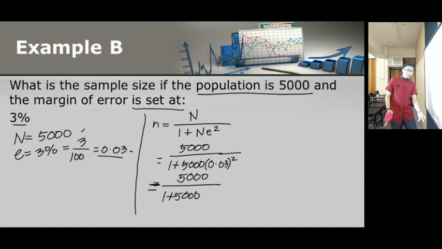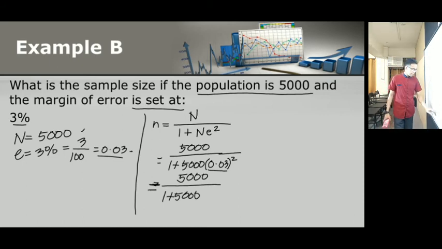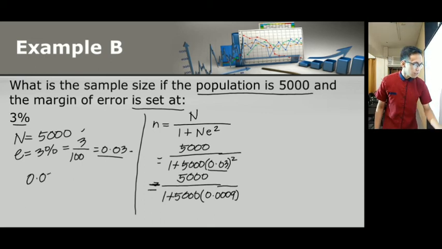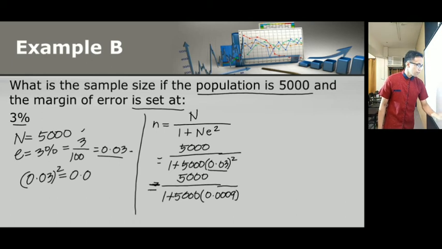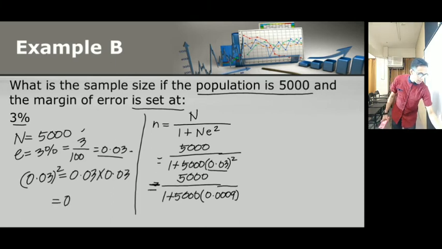Then, expand 0.03 squared by multiplying 0.03 by itself. So, that is 0.0009. For the knowledge of everyone, 0.03 squared is equal to 0.03 times 0.03. Then that is 0.0009.